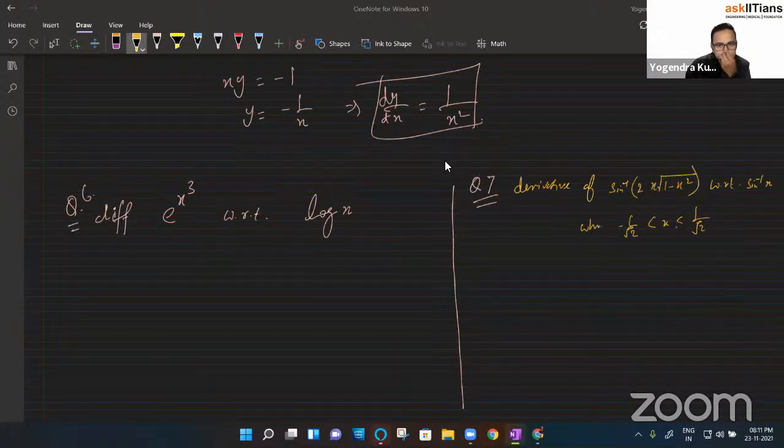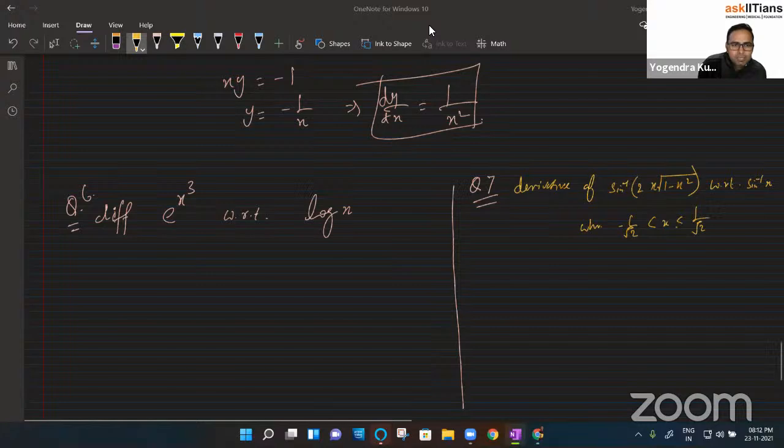Yes, Lara, perfect. Mithini, some silly mistake. The answer will be in the form of e raised to something in x, like that, in terms of x only. Yeah, exactly, Latika. That becomes x cube, right? x square into x, x cube it will become. Yes, Larry, your answer is perfect.